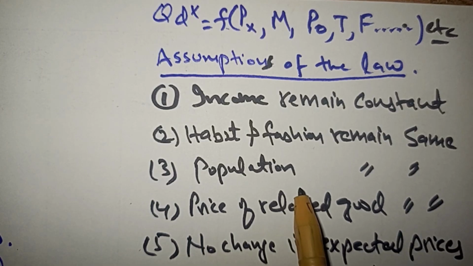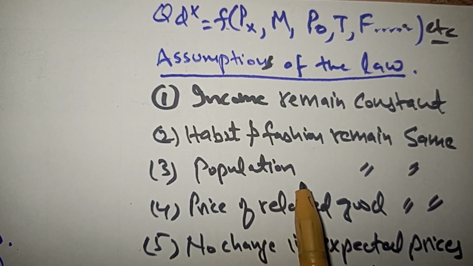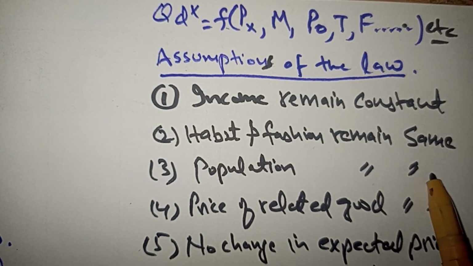This increase in demand is because of an increase in the number of buyers rather than a price change. Hence, the law of demand will not be valid here. For validity of the law, we assume that population remains the same.